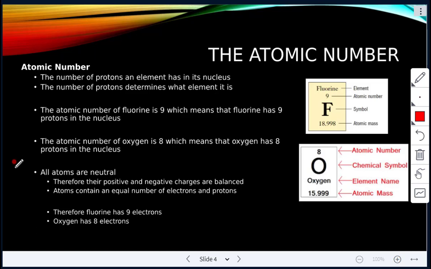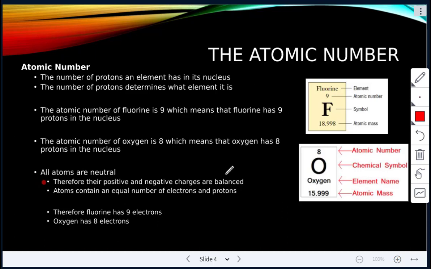The other thing we know is that atoms are neutral. So if oxygen, for example, has 8 protons, it will have to have 8 electrons to make it neutral. The positive and negative charges will be balanced. Anytime we talk about elements and atoms, they will contain an equal number of electrons and protons.